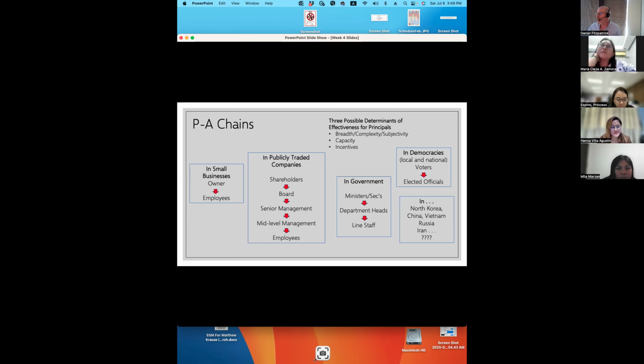So what I have here is about 5 boxes. In one, I posit a small business owner. He has employees as agents. The next one is a publicly traded company, much more complex: shareholders, board, senior management, mid-level management, employees. Below that, we have government with the ministers, and in the Philippines case, the secretaries and undersecretaries.